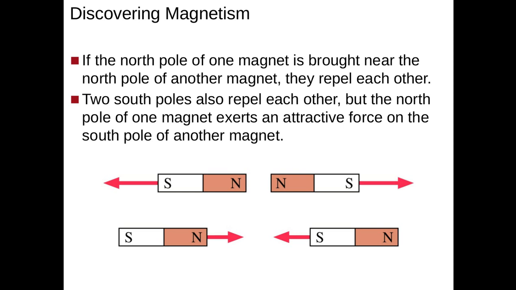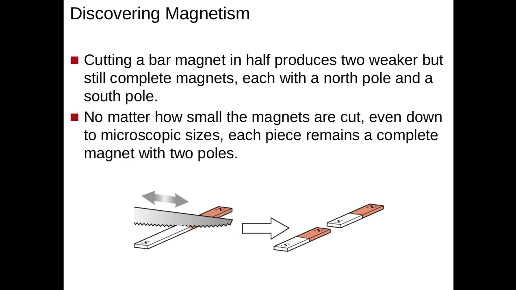If you take opposite poles and bring them close together, they'll attract each other and stick together, and it'll be difficult to pull them apart. So again, similar to the principles of attractive and repulsive charges in electricity.